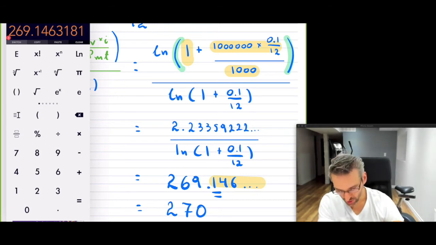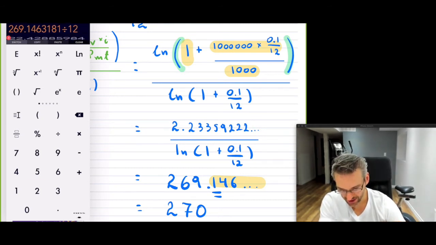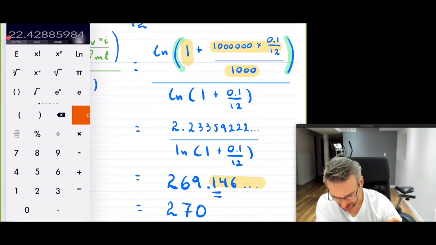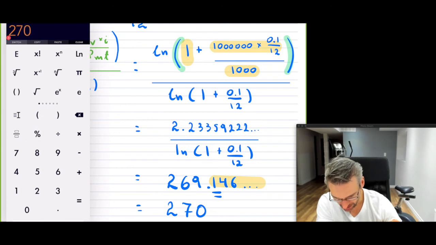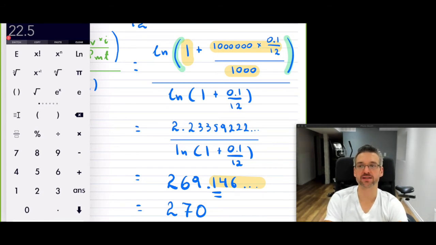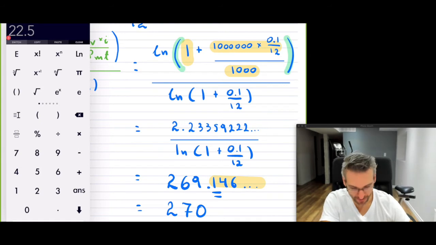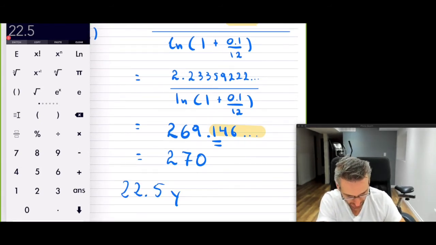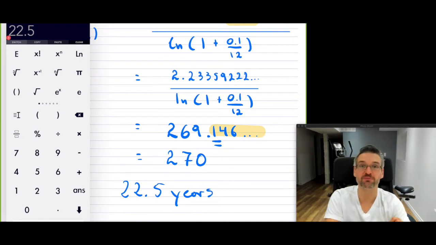So we would have to divide it by 12. Let me clear this, and because we rounded it, it would be 270 divided by 12. So it would take approximately 22.5 years.